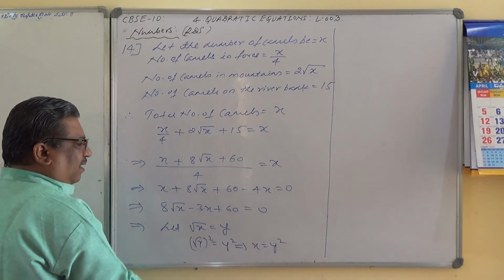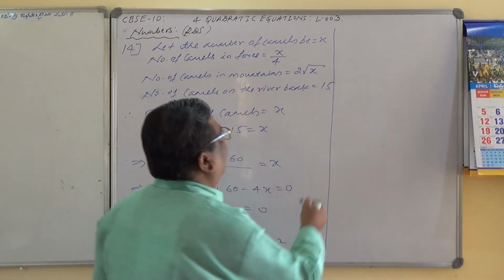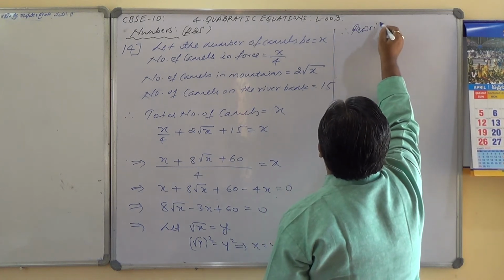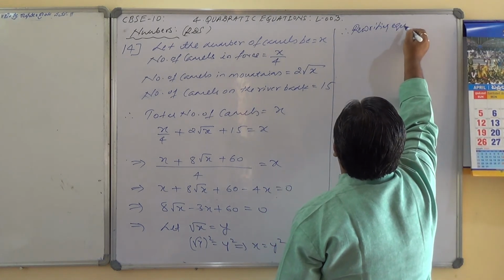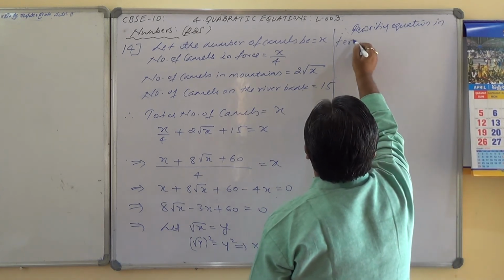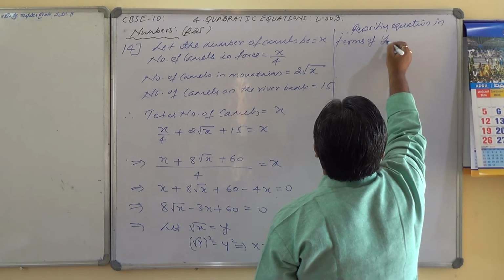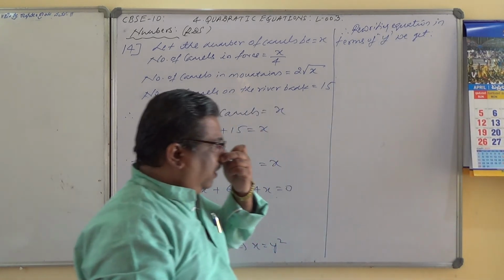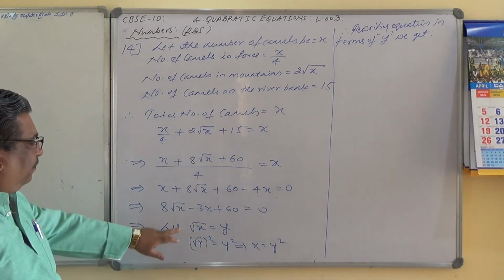Where root x is there, y. So expressing the equation in terms of y, therefore rewriting the equation in terms of y, we get, let's see how you get this one in terms of y.